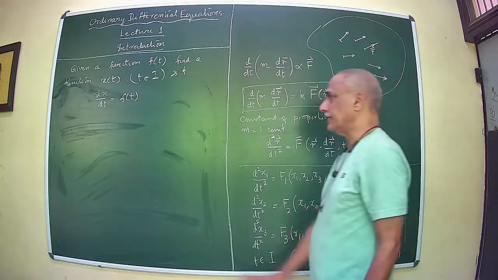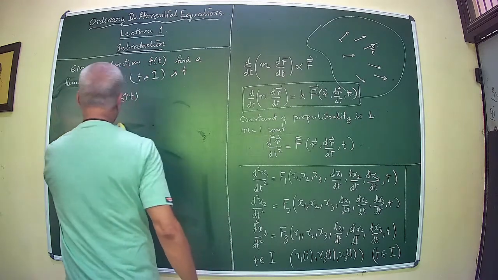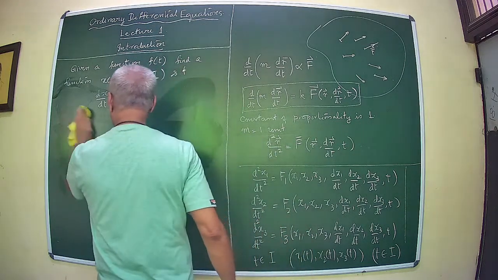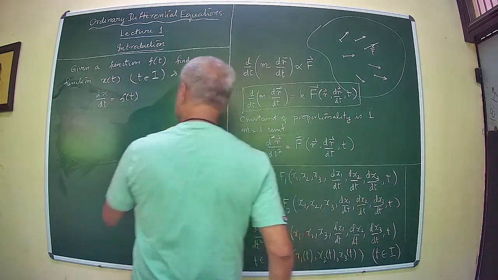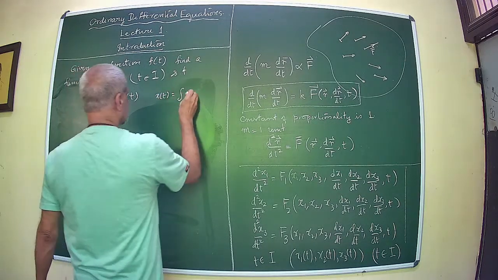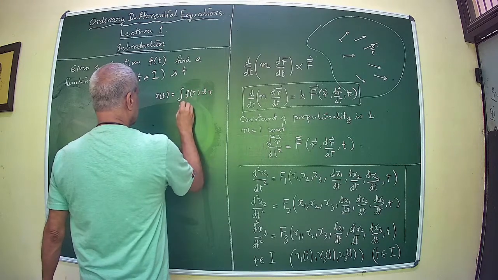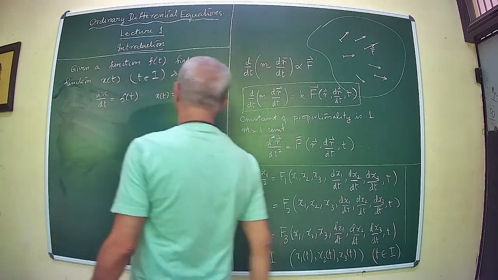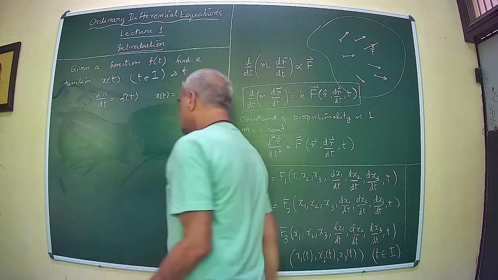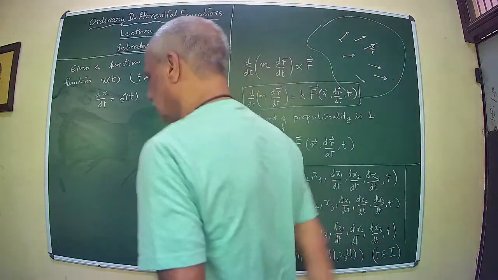In the case of certain elementary functions, we can explicitly write down the solution by integrating it. And what we know is that this is equal to the integral of f tau d tau, and the whole integration theory developed around this problem.